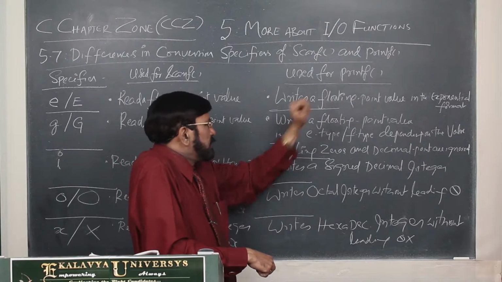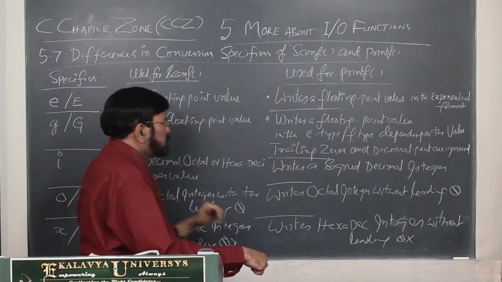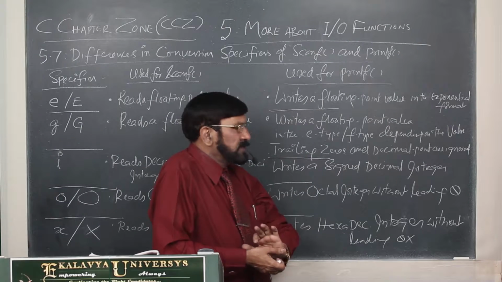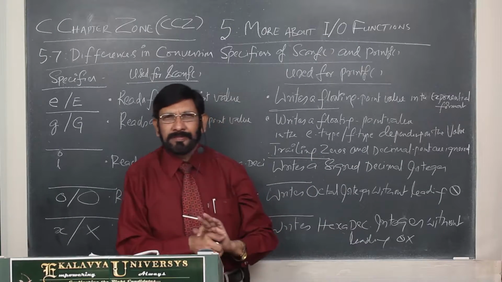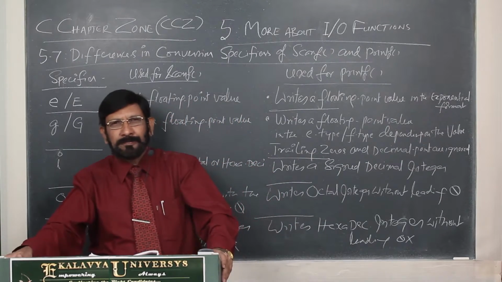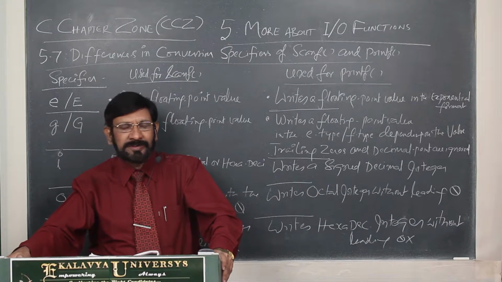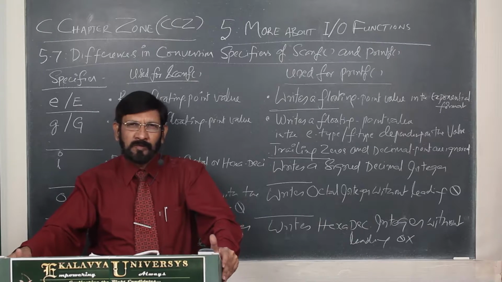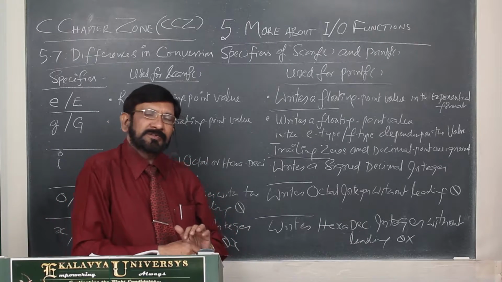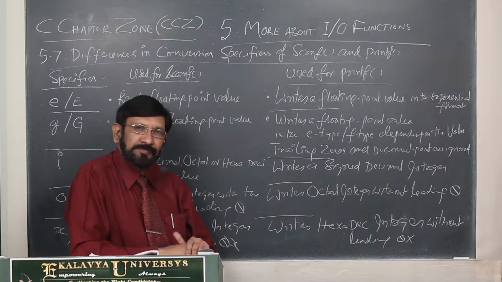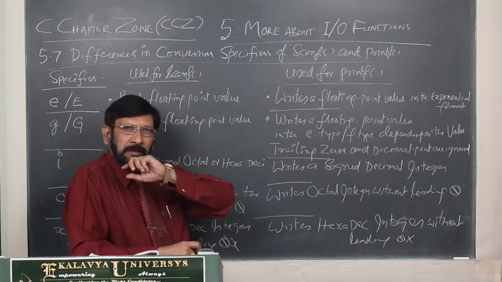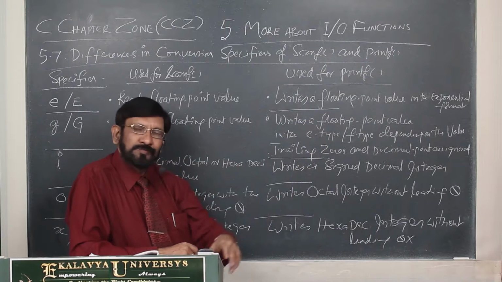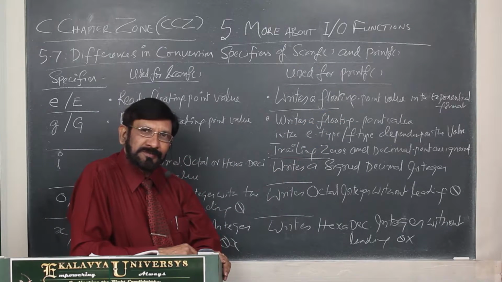Thereafter, in printf, the purpose of this conversion specifier is to write a floating point value in exponentiation format. Already in the third chapter I explained what exponentiation is. That is also one type of floating point notation, called scientific notation. In order to express a very small or very big value, we use exponentiation notation.